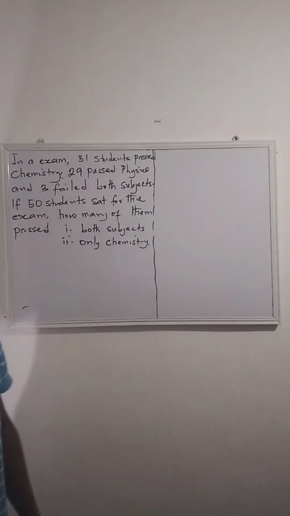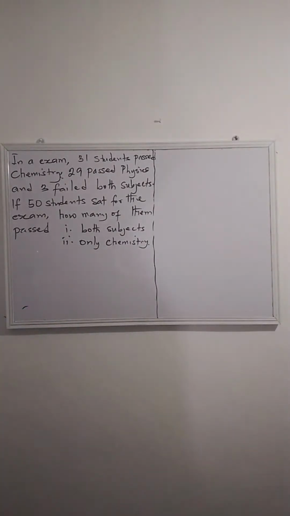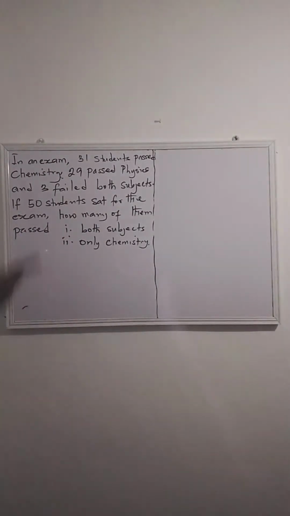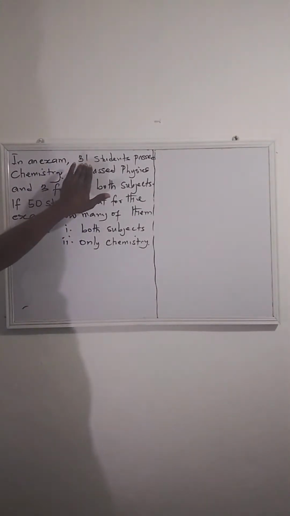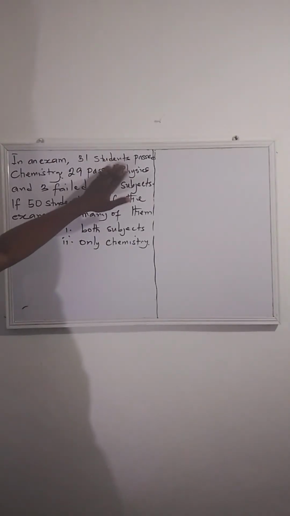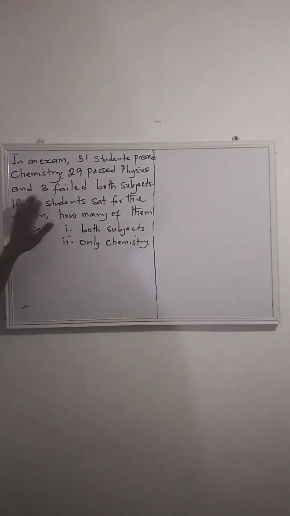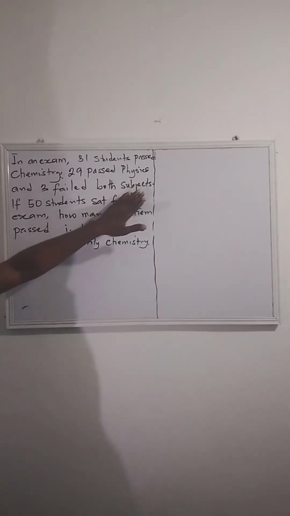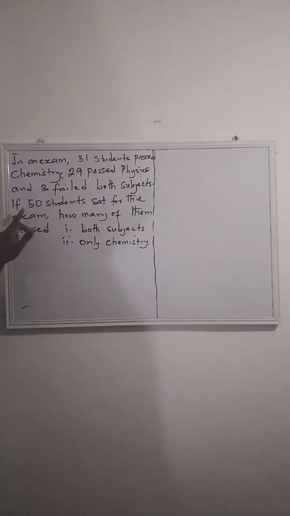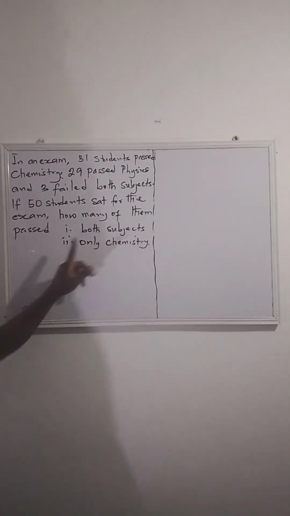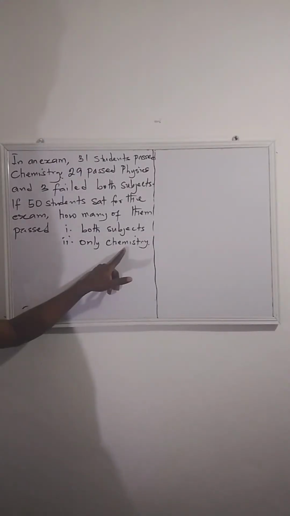All right, now let's look at the question together. Now, in an exam, 31 students passed chemistry, 29 passed physics, and 3 failed both subjects. Now, if 50 students sat for the exam, how many of them passed both subjects? 2, only chemistry.